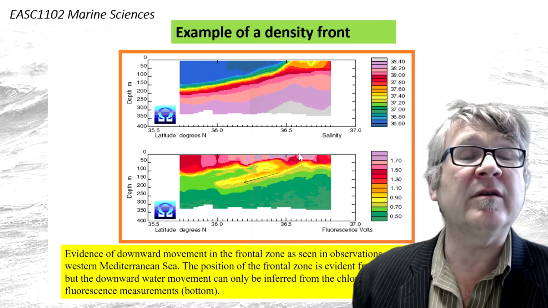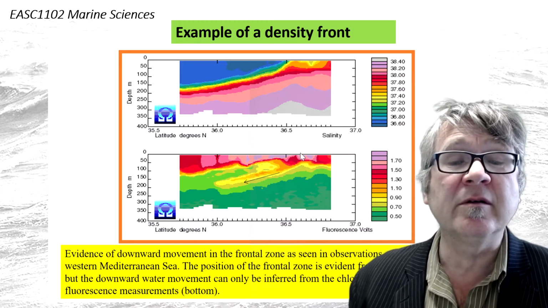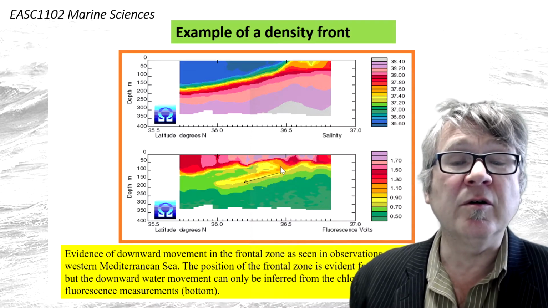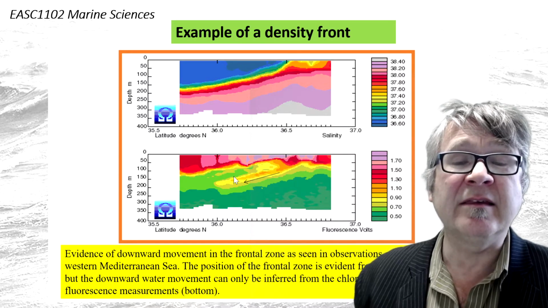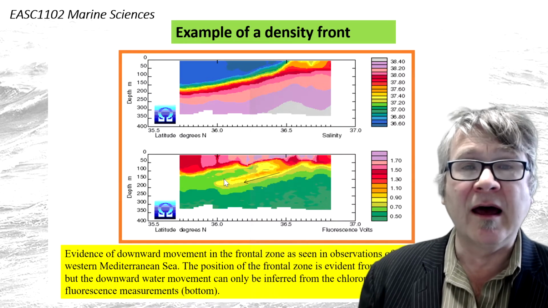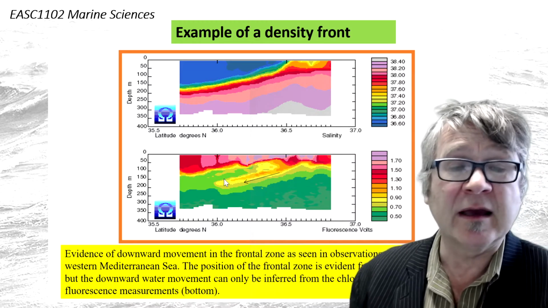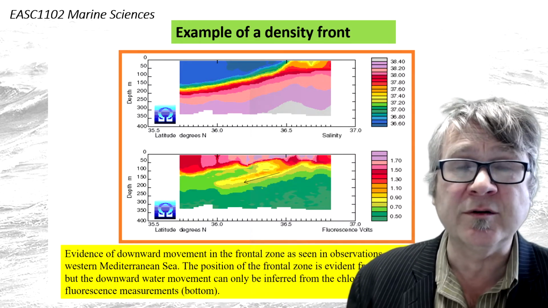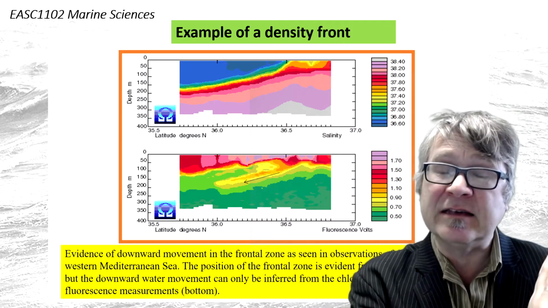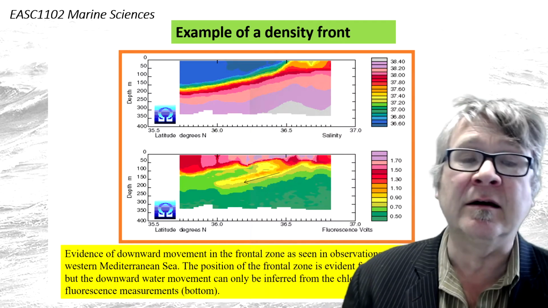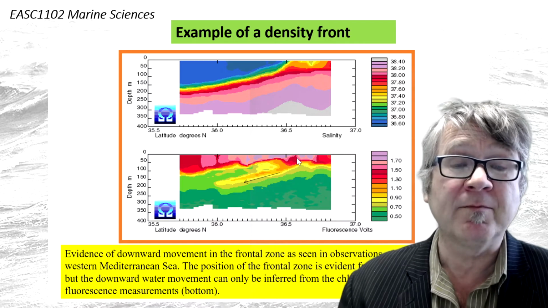And then you can see the downward movement down here of higher concentrations, leading to a tongue-like structure. So you can see the export of water that is formed along the frontal axis.